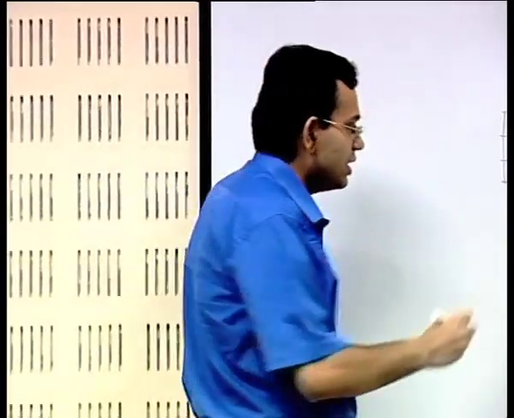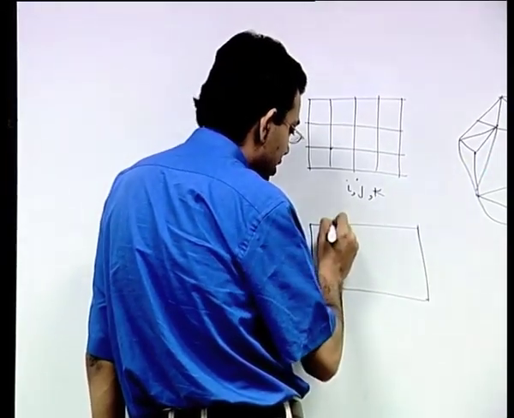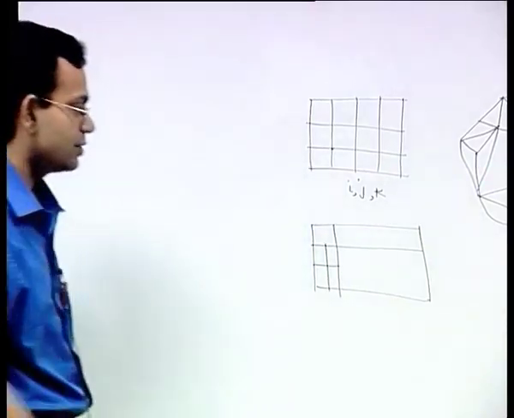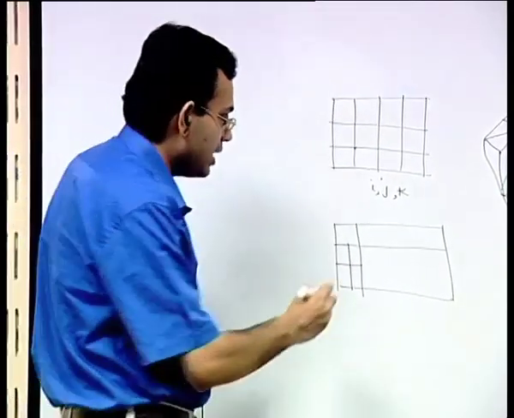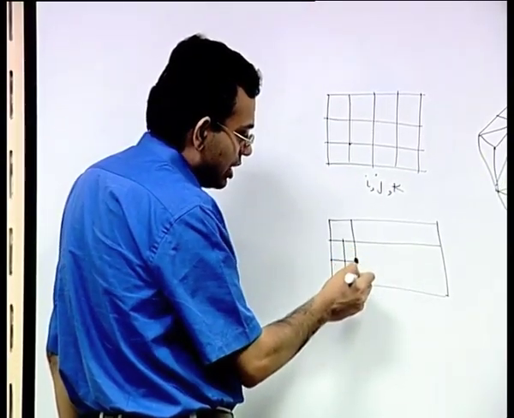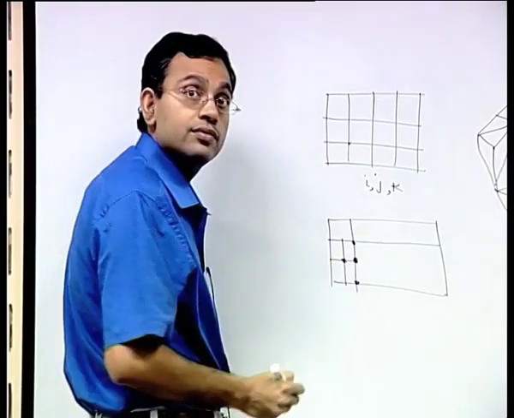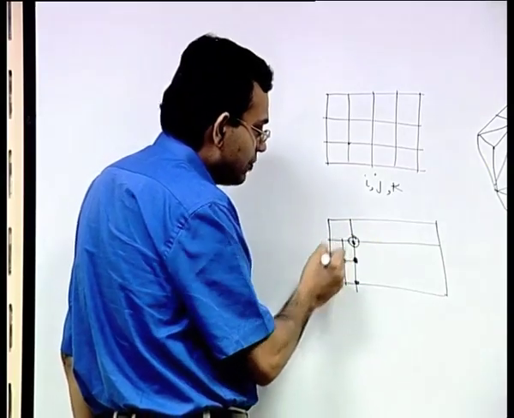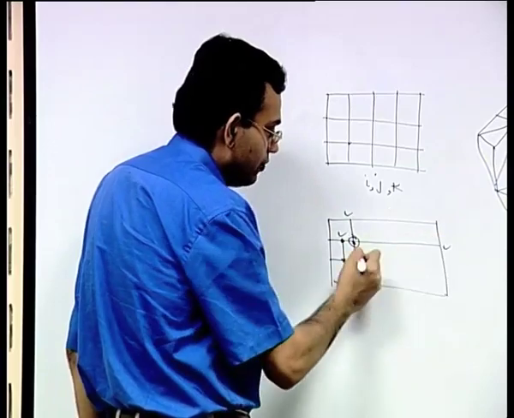Now consider the possibility of a rectangular unstructured mesh. Here you have a vertex. How many neighboring vertices does it connect to? 1, 2 and 3. On the other hand, if you consider this vertex, how many neighboring vertices does it connect to? 1, 2, 3, 4.